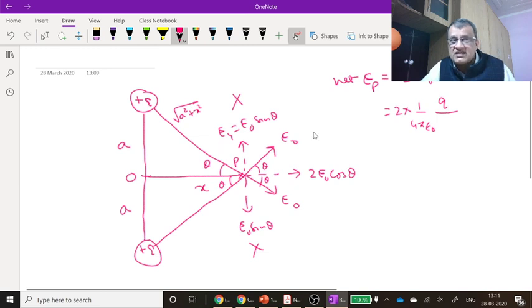So when you say R square, this becomes A square plus X square under root and square, R square, into cos theta. Now cos theta in this diagram, cos theta, X upon this thing. So X upon A square plus X square under root.